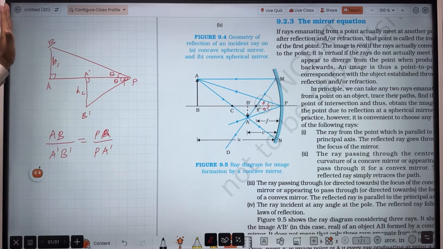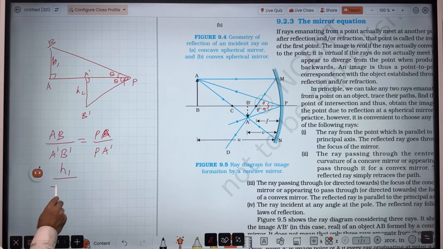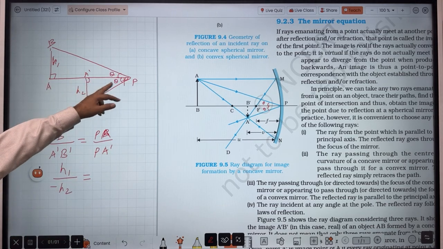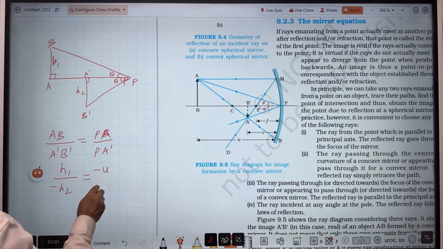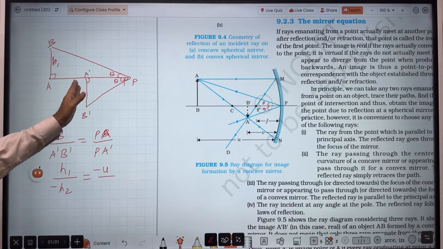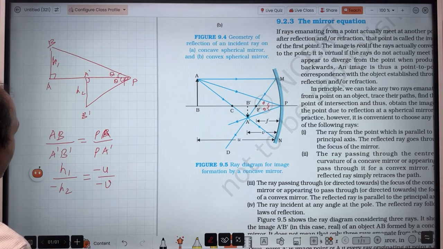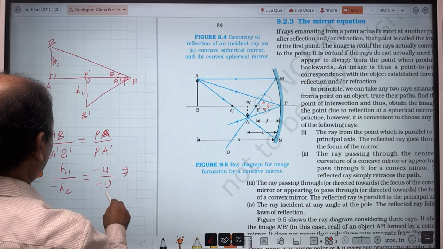Now, AB is positive because it is erect, so we write here H1, but A dash B dash is negative, so minus H2. And PA is the distance of the object from the pole, so that will be minus U. And PA dash is the distance of the image from the pole, that is minus V. So what have we got from here?